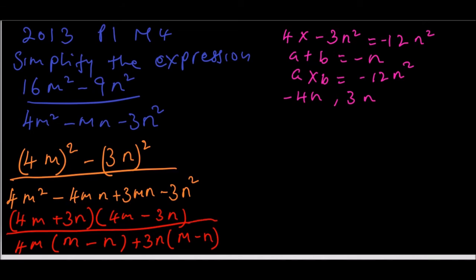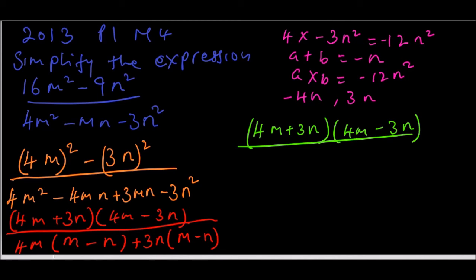The numerator will still remain the same. So it is 4m plus 3n and 4m minus 3n. And the denominator, we factor out m minus n, and we will be left with 4m plus 3n.